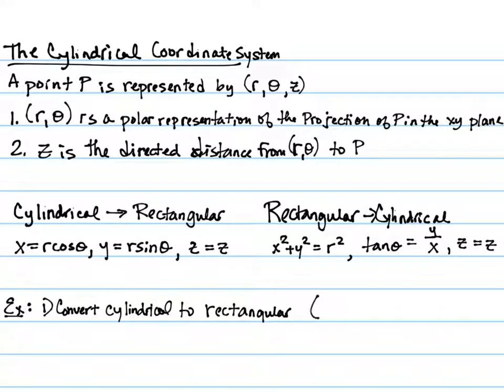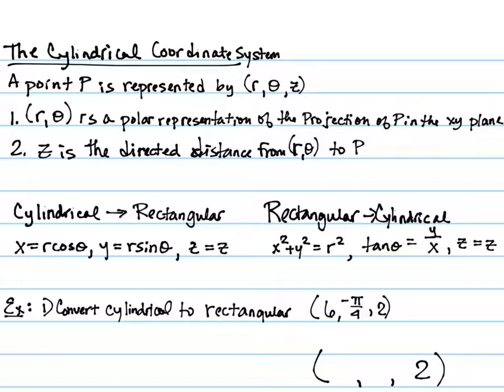Our cylindrical coordinate is 6, negative pi over 4, 2. One of these is very directly easy. It's the z, 2. So this will automatically become something with a 2 on the end because z stays the same. The other conversions will feel just like what we did in the polar coordinate system.